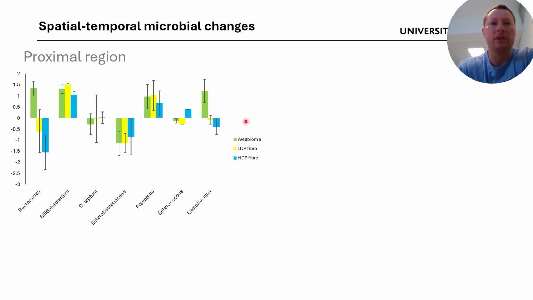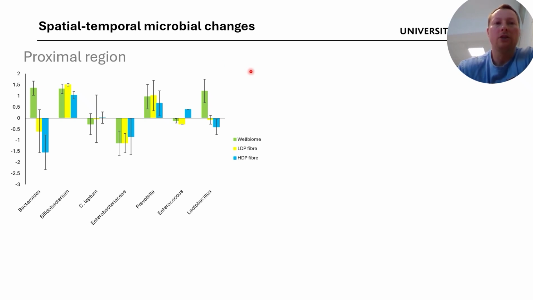And you can see the different colors depending on which fiber they were given. These results are the fold change of microbial population changes compared to steady state. So steady state is effectively 0, and how much change have we induced in the different microbial species. And this is in our vessel that mimics the proximal region, so this first vessel.